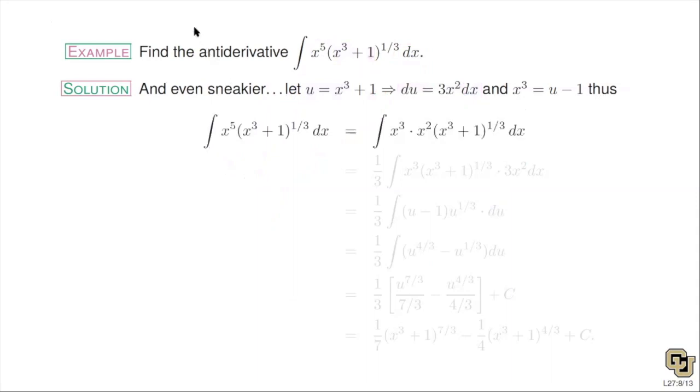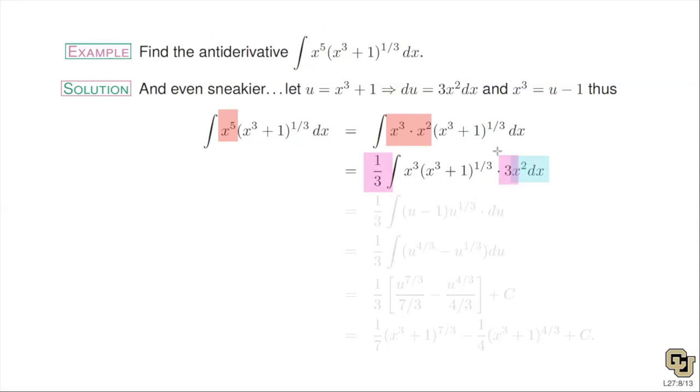So here are the steps. First, I write the x to the 5th as x cubed times x squared. Then I put the x squared next to the dx here. I also multiplied by a 3 and divided by a 3.